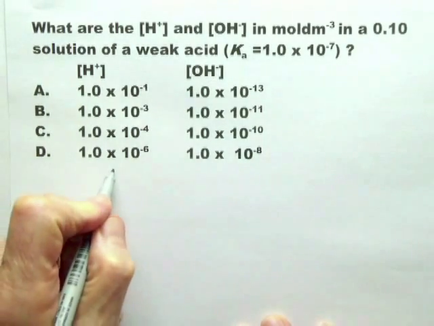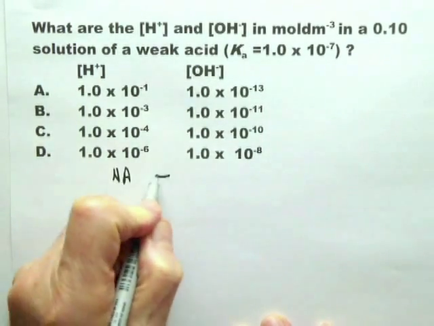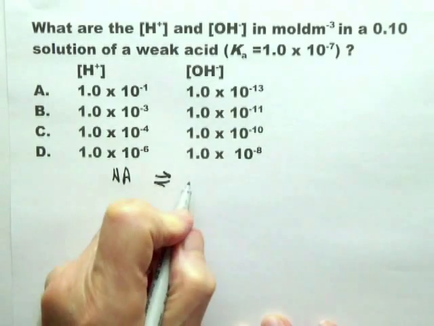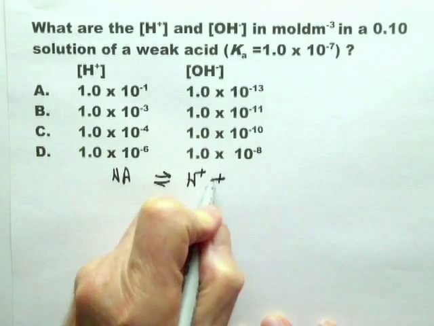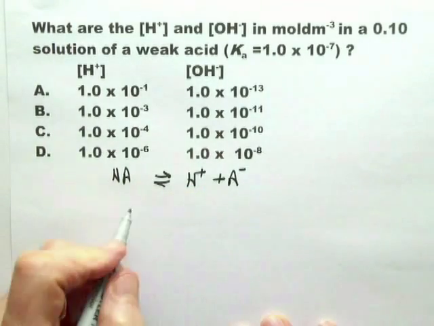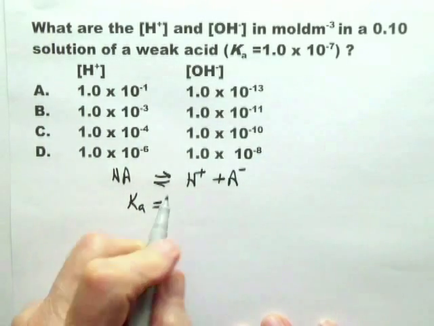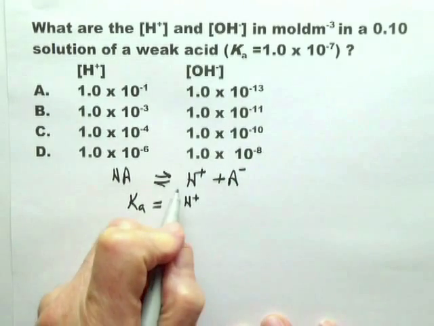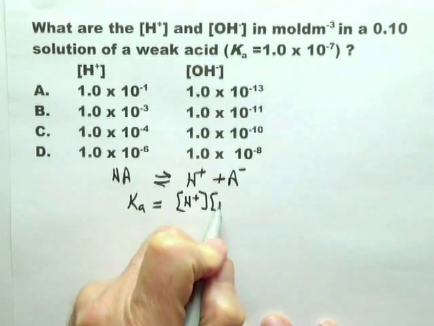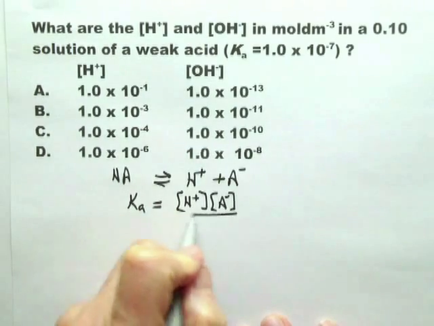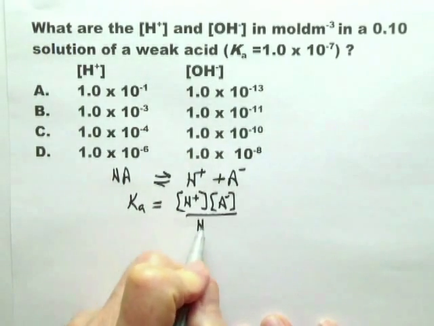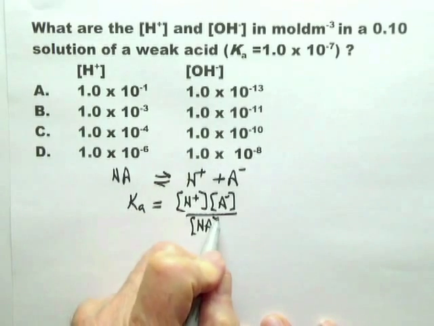Start off by doing HA goes to, it's a weak acid, so it's reversible, H plus A minus. And then, because they've given you the Ka, you then write the Ka equation. H plus A minus over HA. All these are concentrations.